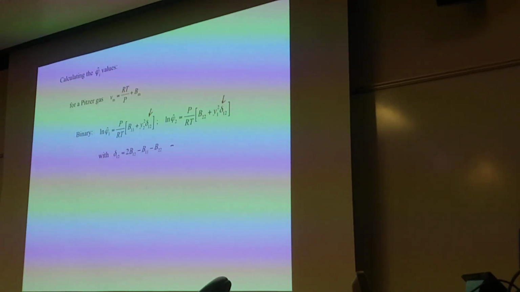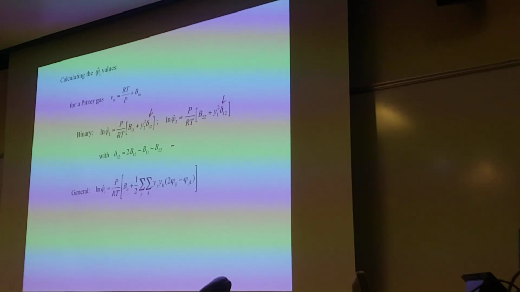And that's as far as we went in this derivation, but the general expression for the log of phi in a system of any number of components is the one I've given here, and we can take a look at it for a second just to see what it is. So here, the log of the fugacity coefficient for component i, P over RT, here's the coefficient for i itself, then plus 1/2 this double summation, and that involves different deltas here.